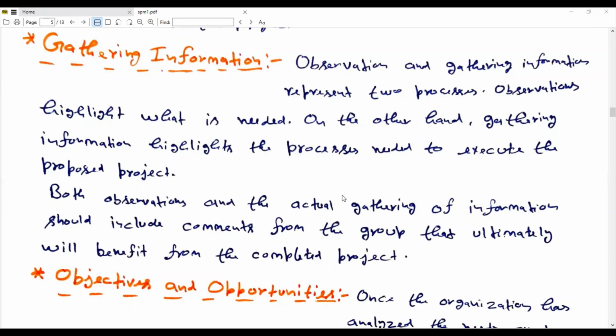Both observations and the actual gathering of information should include comments from the group that will ultimately benefit from the completed project. It means we should consult a group of customers or end users who will use this project, and we will gather information on what they actually want.